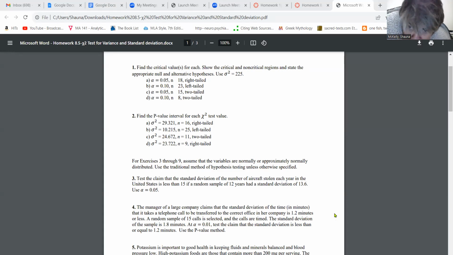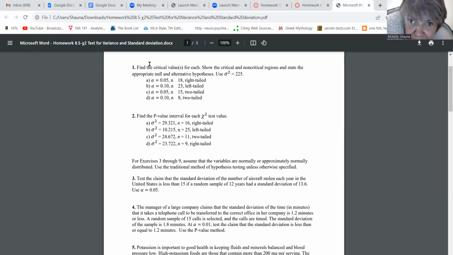Test the claim that the standard deviation of the number of aircraft stolen each year in the United States is less than 15. So my claim is about the standard deviation. If a random sample of 12 years had a standard deviation of 13.6, use alpha equal to 0.05.